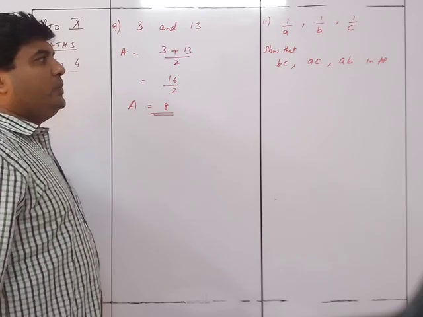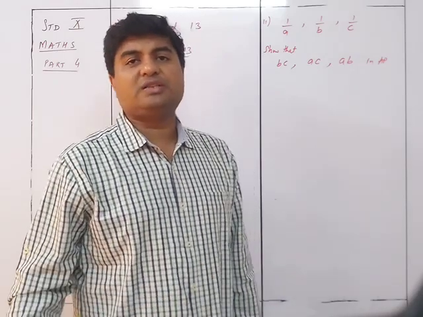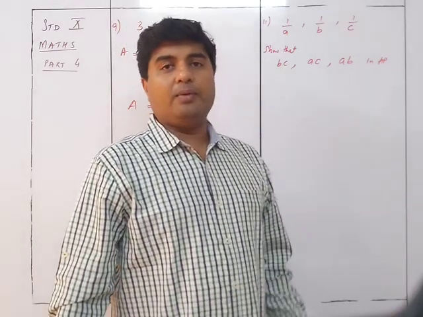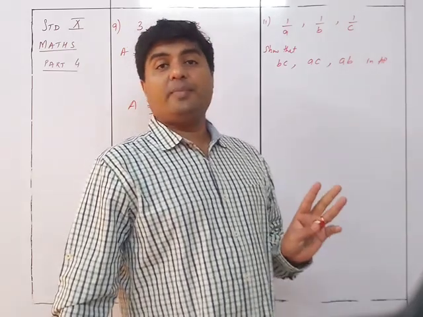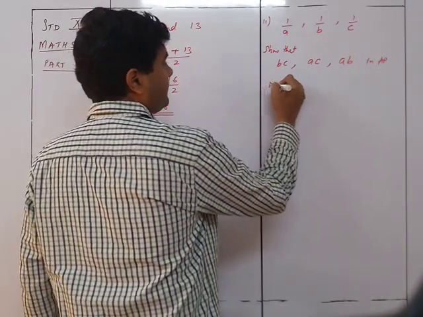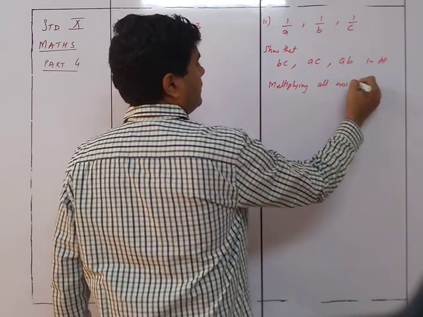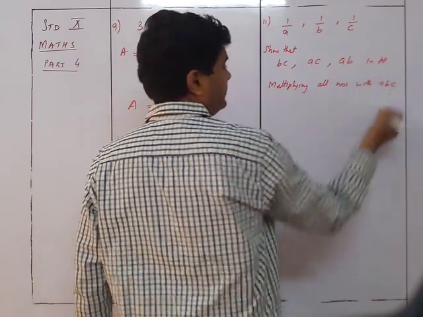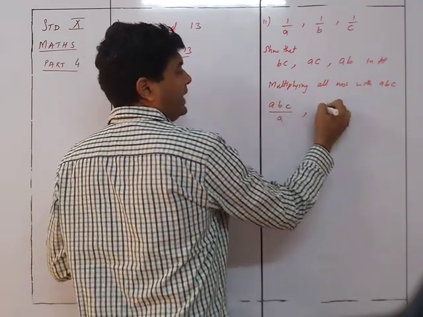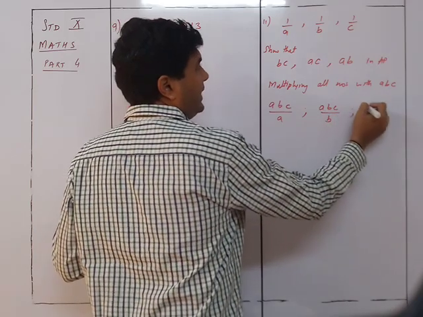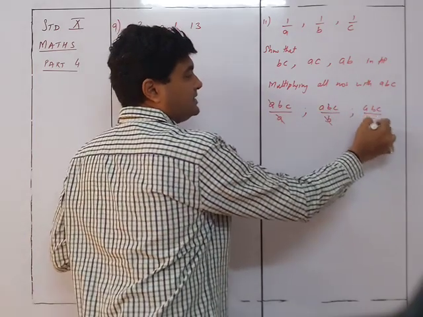What we are going to do is multiply. Now we know that when we multiply the same number to all the elements of the series, it still remains in AP. So multiplying all numbers with ABC, what will happen? It will be ABC upon A, ABC upon B and ABC upon C. So A gets cancelled, B gets cancelled and C gets cancelled.